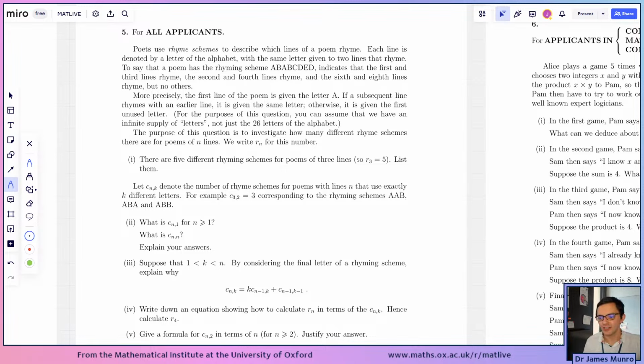Good. Right. Okay. This is a recurrence question. Recurrence is when you relate your problem to smaller versions of that problem. So if you would like to know the 10th Fibonacci number, well, the rule for Fibonacci numbers is you add together the previous 2.